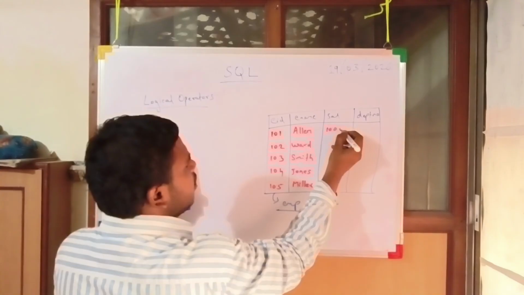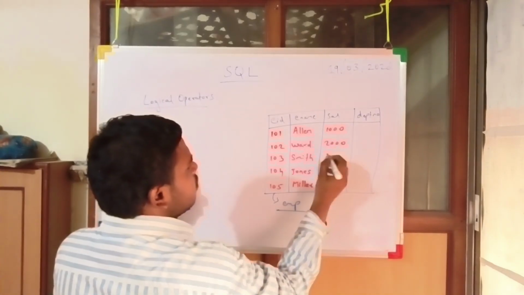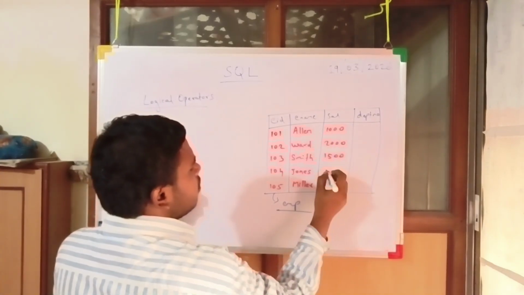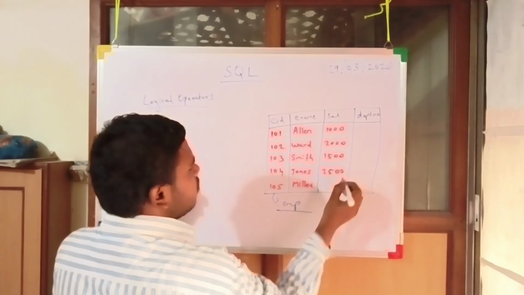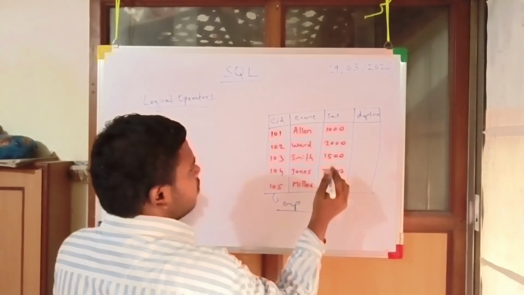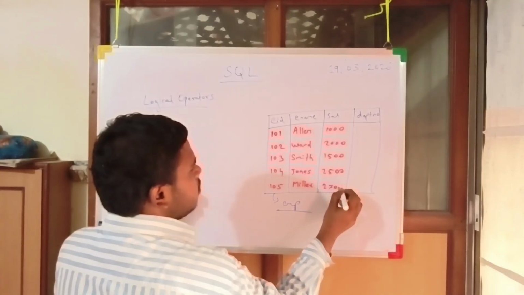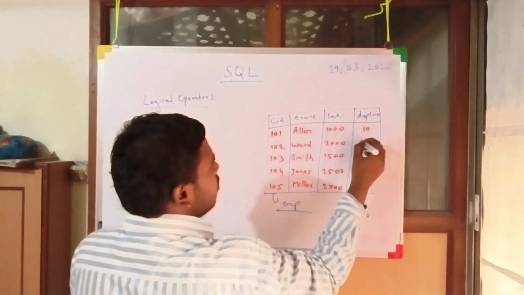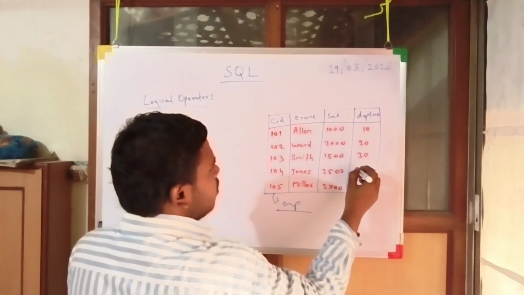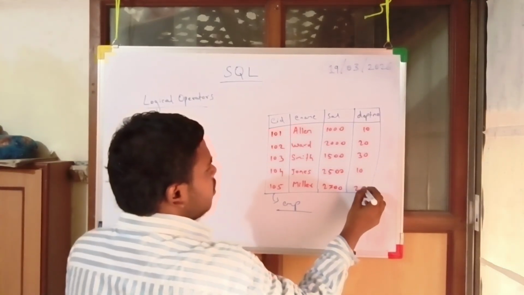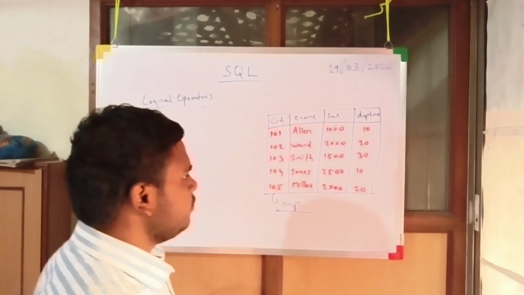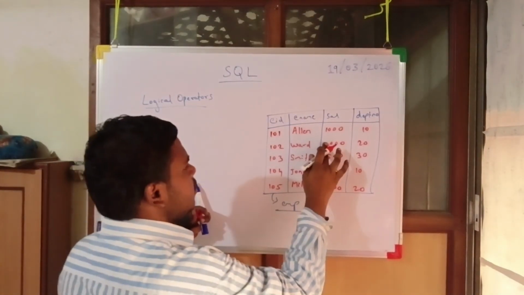Salary, let's assume 1000, 2000, 1500, 2500, and 2700. Department numbers 10, 20, 30, 10, 20. Let's say I keep it as 3000.